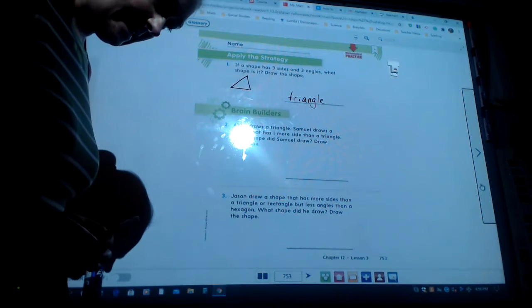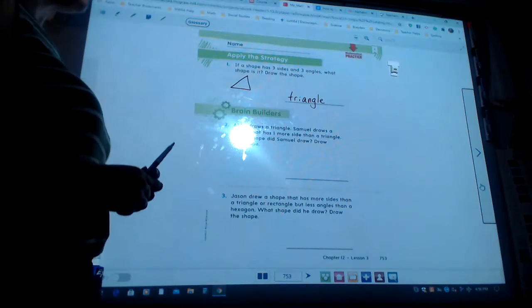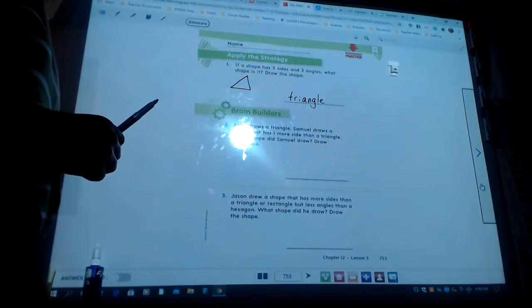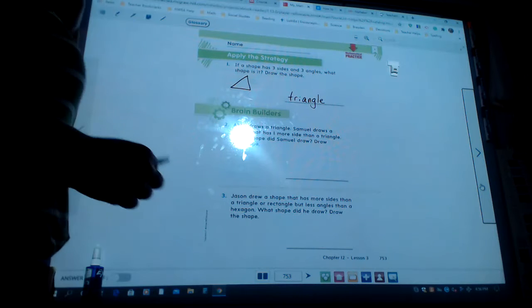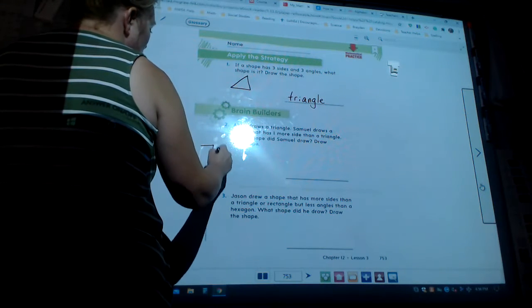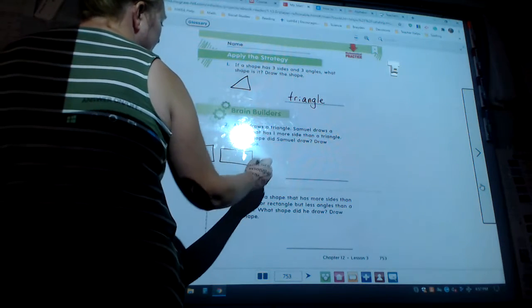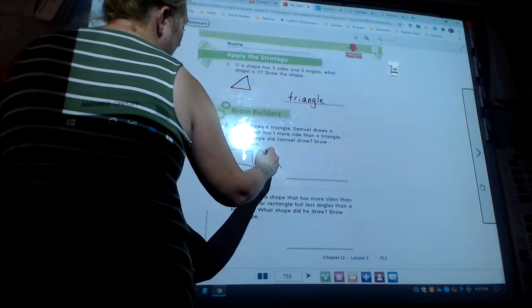I'm thinking back to yesterday, and it said that when we have a 4-sided shape, we call it a quadrilateral. So quadrilateral, quad means 4. What were quadrilaterals? Well, a quadrilateral could be a square. It could be a rectangle. It could even be a trapezoid.